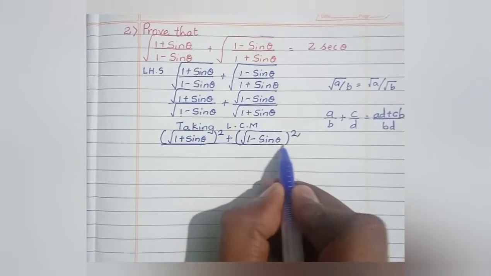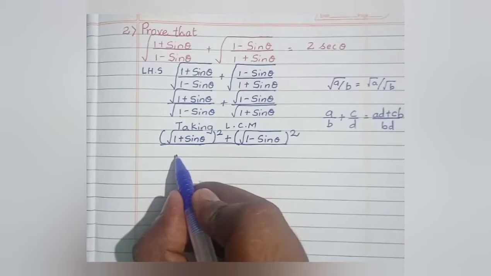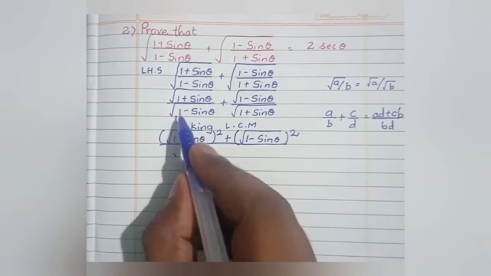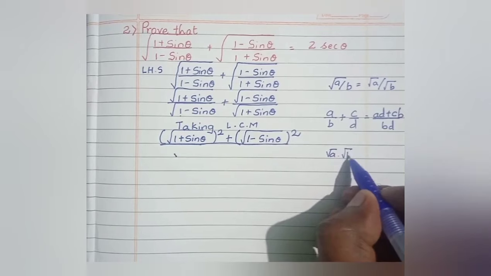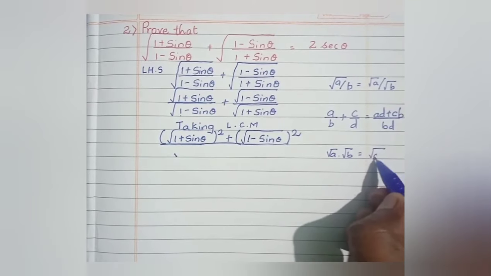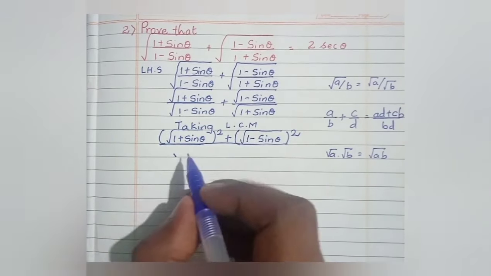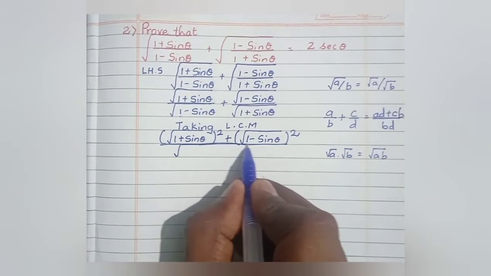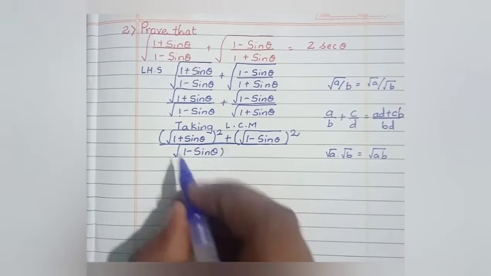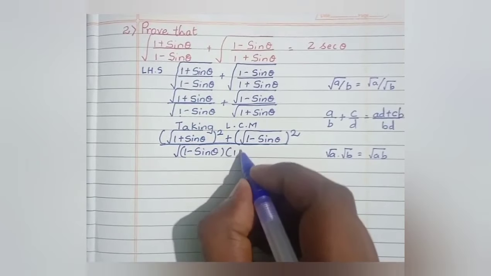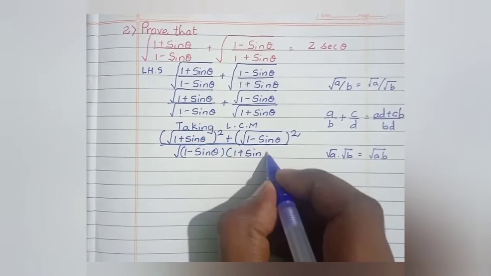whole divided by, so I can write this as root of, A into root B can be written as root of A into B. So I'll write it as root of 1 minus sin theta into 1 plus sin theta.